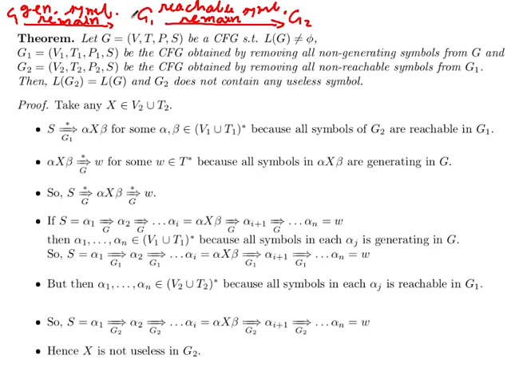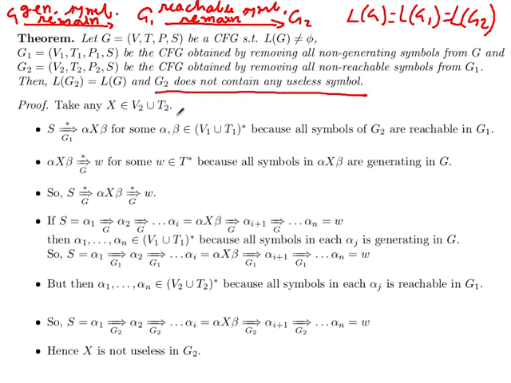Okay, and as before, this language is not empty, and obviously, since we are only removing useless symbols, we have that L of G is equal to L of G1 is equal to L of G2. So that is obvious. The only question is that do we have any useless symbol in G2? And we will prove that this G2 does not contain any useless symbol.